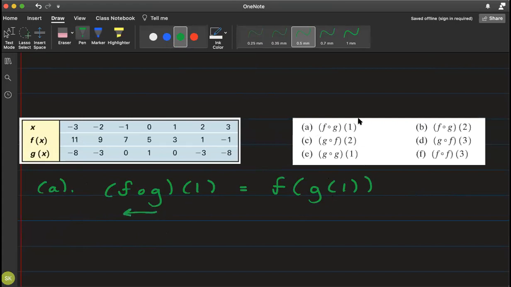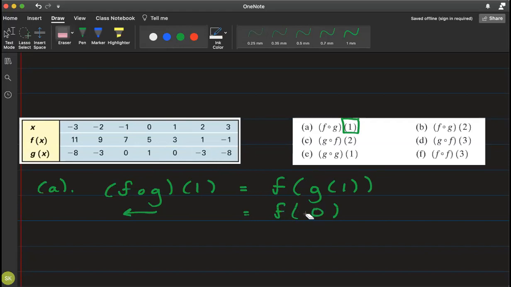So what I'm going to do is take the value 1, look for it in the domain, which here is 1. And then I'm going to plug it into the rightmost function, which is g, and I get 0. So this is equal to f of, well, g of 1 is 0. Then I'm taking this number, which is a number in the domain.